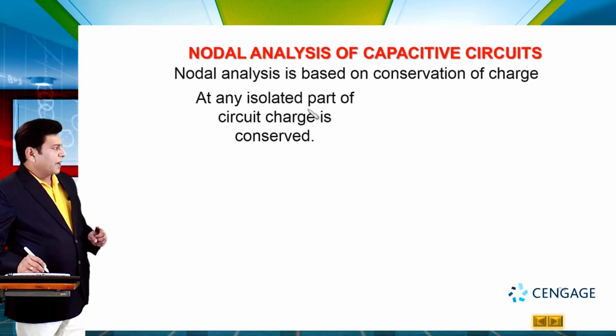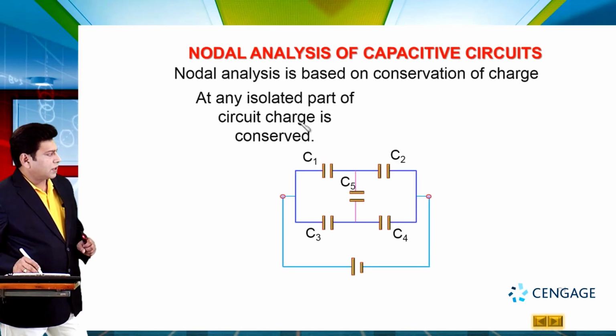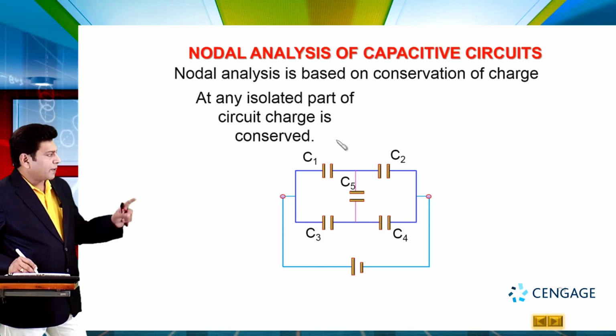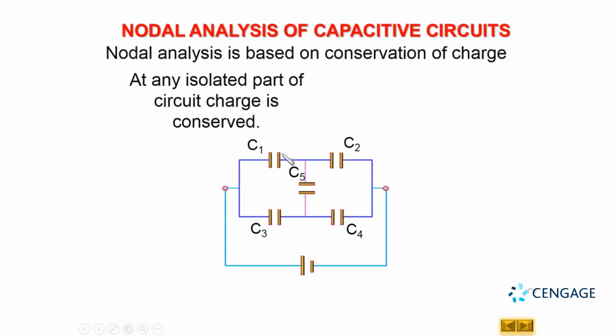So we are making one circuit diagram here. You can observe this circuit has 5 capacitors C1, C2, C3, C4 and C5. You can observe these plates, that is the right plate of C1, left plate of C2 and upper plate of C5, are not connected elsewhere in this circuit or to any outer point of the circuit.